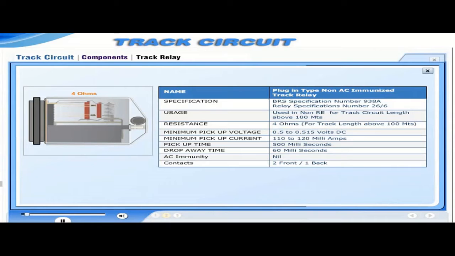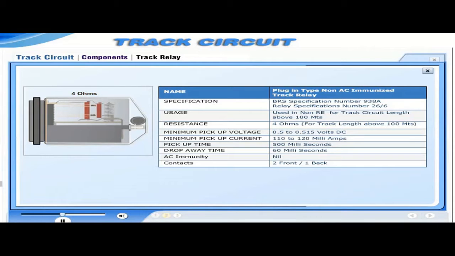Plug-in type non-AC immunized track relay specification. BRS specification number 938, relay specification number 26/6, is used in non-RE for track circuit length above 100 meters. Resistance is 4 ohms.